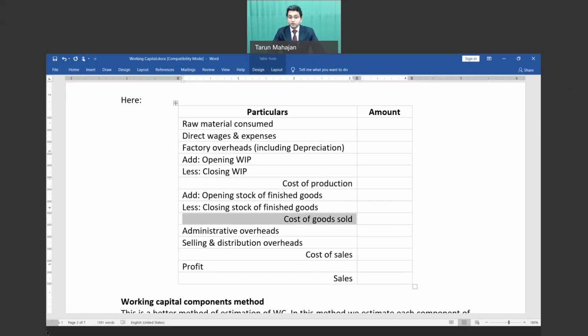Depreciation is part of cost of goods sold. Depreciation is part of cost of sales, as well as part of sales. So I can see two objectionable items over here. One is depreciation and the other one is profit. Profit is included in sales and depreciation is included in cost of production, cost of goods sold, cost of sales.